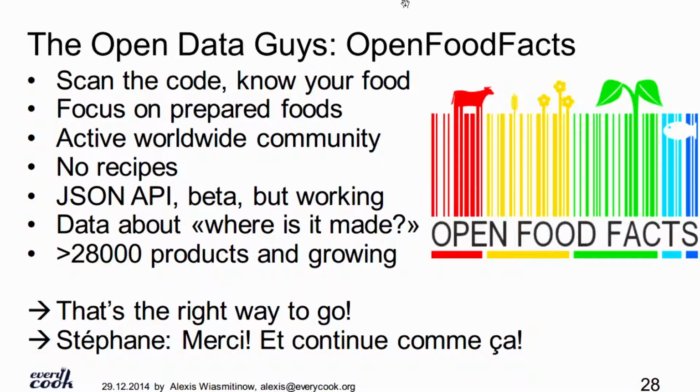The great project, of course, is the Open Food Facts community. It's a French guy called Stéphane who started that, I think, where you can scan the barcode and you get data about the ingredients. This is mostly focused on prepared foods, not on pure fresh food, but it's a lot of useful data.